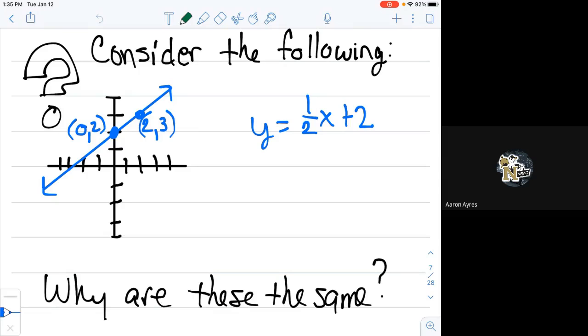How about anything else? Anybody notice anything else? Rissa, what did you notice? I guess I did the slope and it's 1/2. Okay, so you found the slope of your line, and you realized that it was also 1/2. There's a 1/2 in your equation. Is that what you're trying to tell me? Let's go ahead and put that information up here.